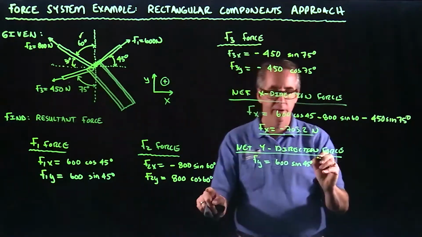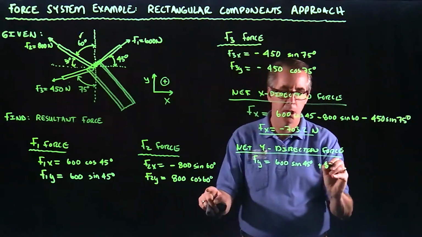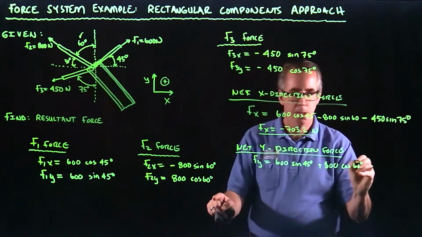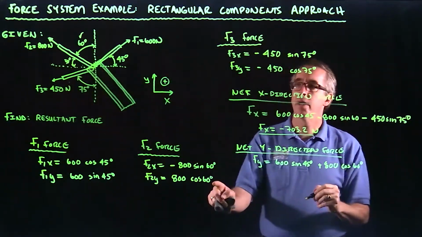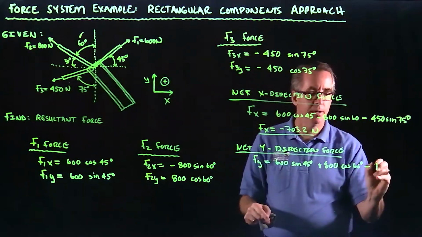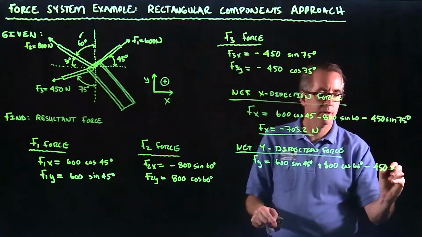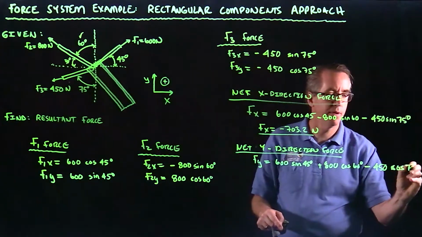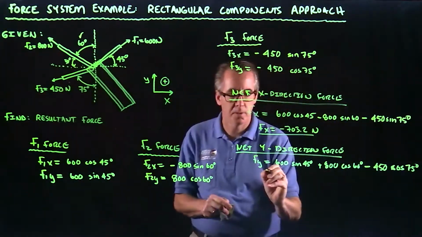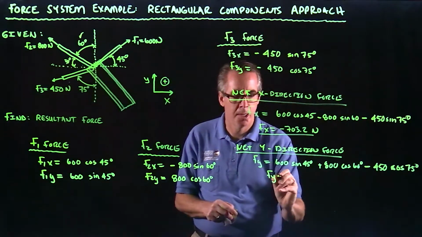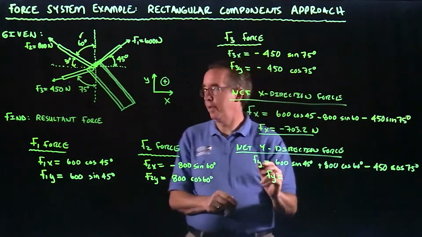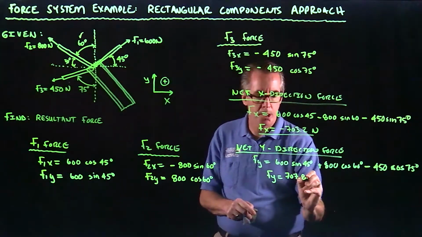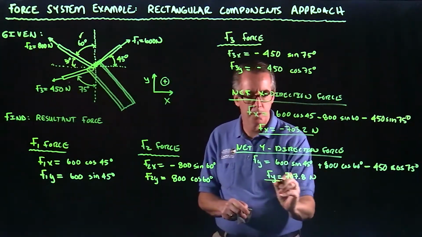I've got this piece here also is positive. Okay. And then I have this last piece here, which is negative, and that would be 450 cosine of 75 degrees. Okay, so Fy comes out to be 707.8 newtons.